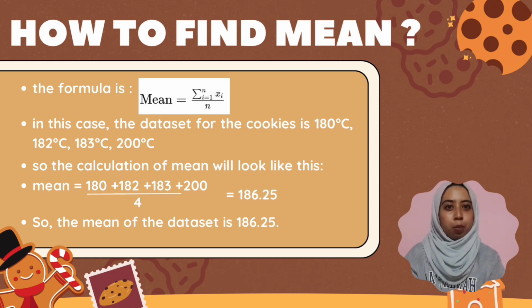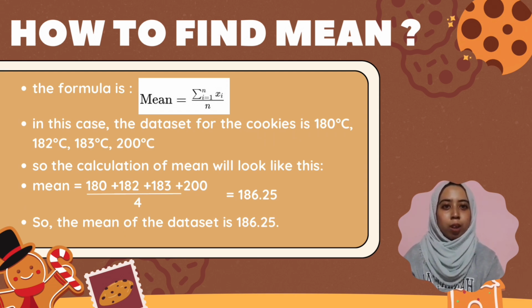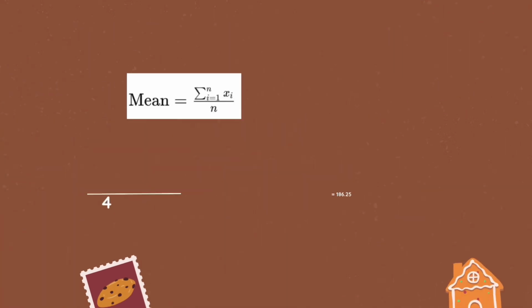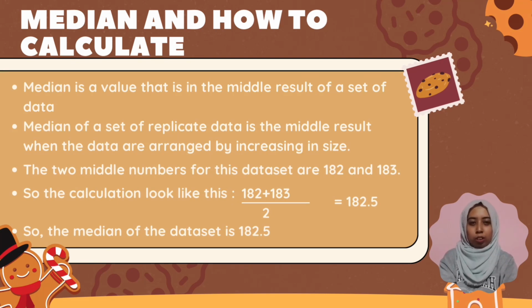From this cookies temperature experiment, the dataset is 180, 182, 183, and 200. The calculation will look like this. So, the mean for this dataset is 186.25.